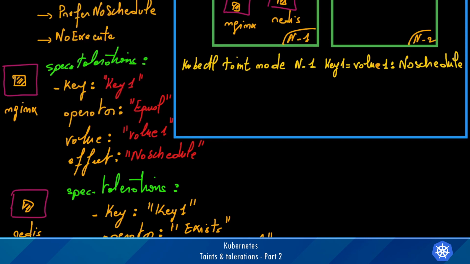The same thing for the value. If we mention a different value from the value set for the taint, this pod can't be accepted by the first worker node because it doesn't tolerate this taint. The toleration doesn't match this taint. The toleration and the taint match each other only if they have the same key, and they should have the same effect.